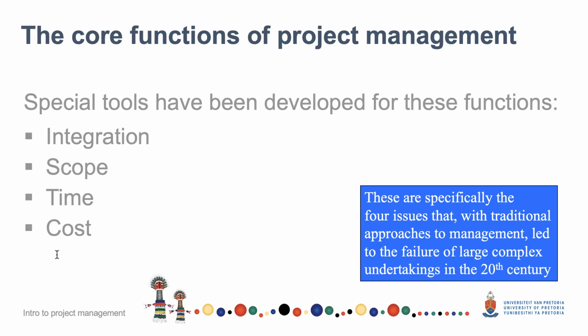But these are the 4 things that can really bedevil a unique undertaking in a complex world, and especially when it's being done on scale. And so these are the 4 issues that gave rise to the PMBOK and 4 different baskets of tools for dealing with these 4 issues specifically.